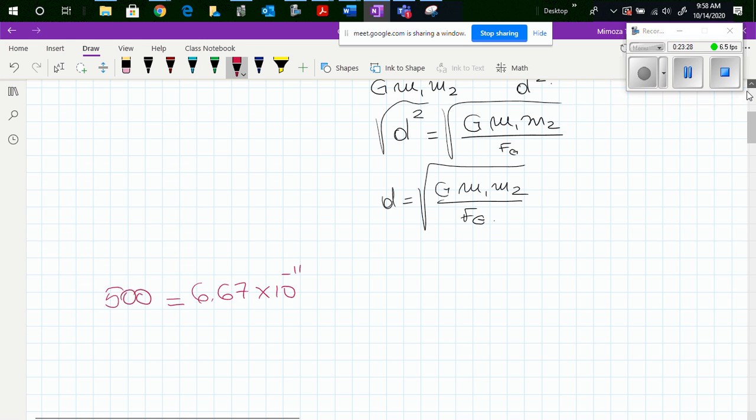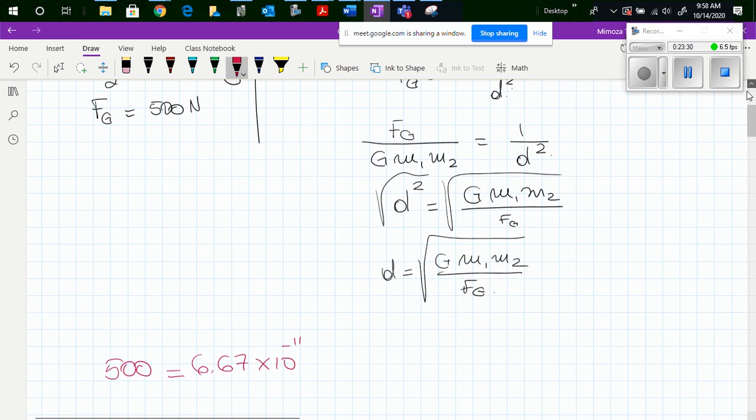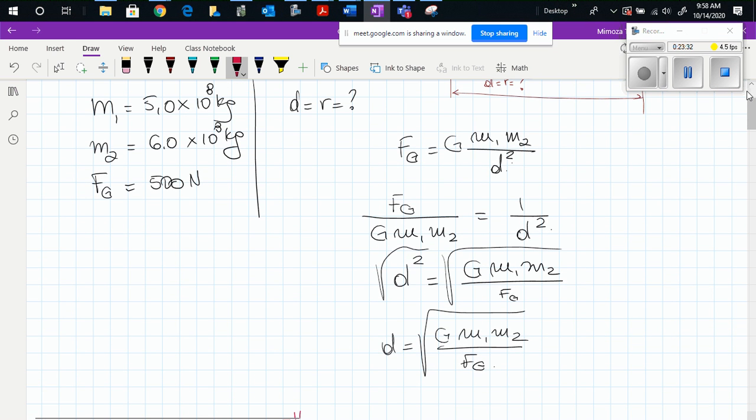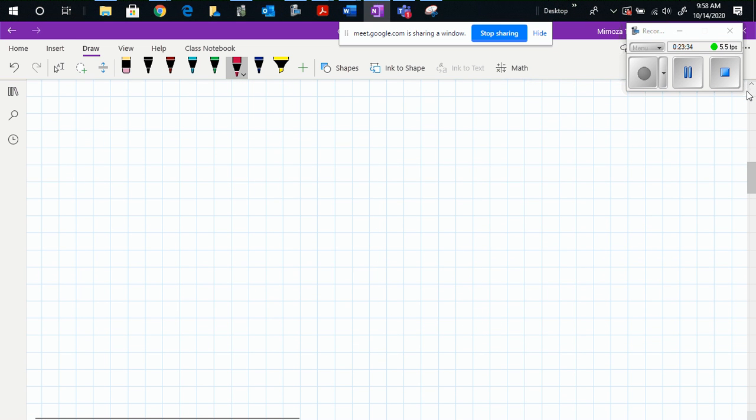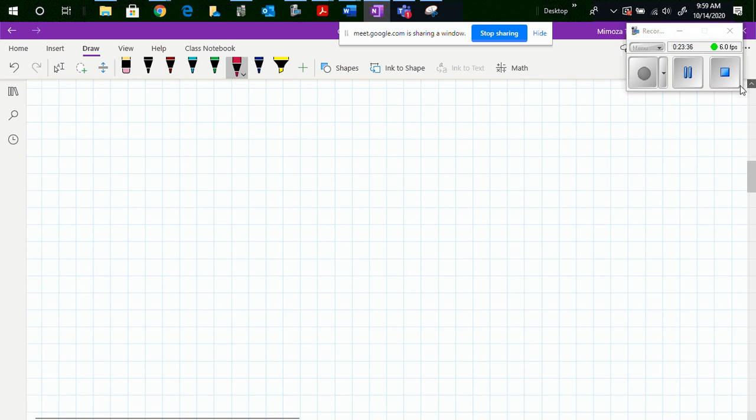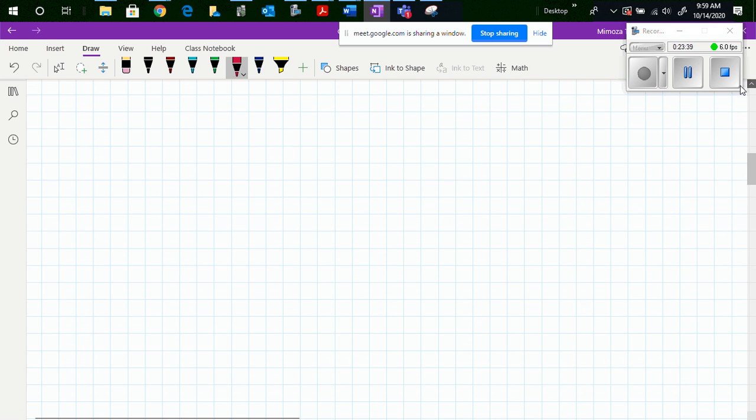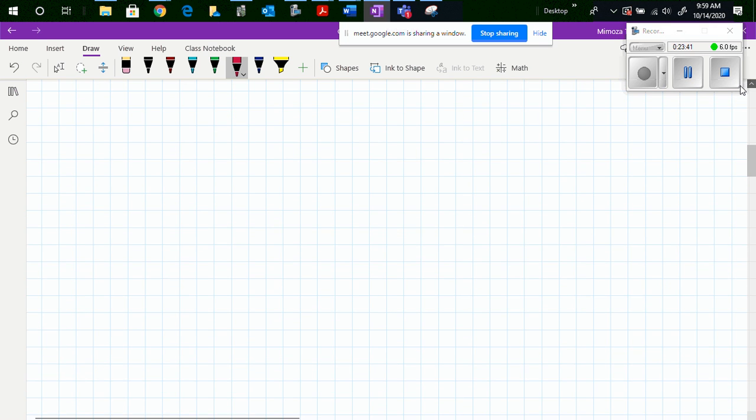The first mass was 5.0 times 10 to the power of 8. And then the other one is 6.0 times 10 to the power of 8. So we write those two masses here.